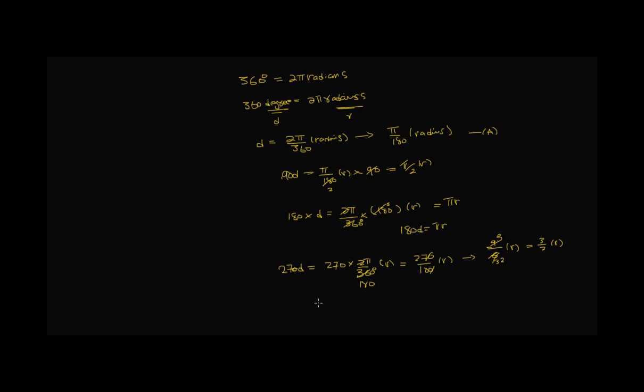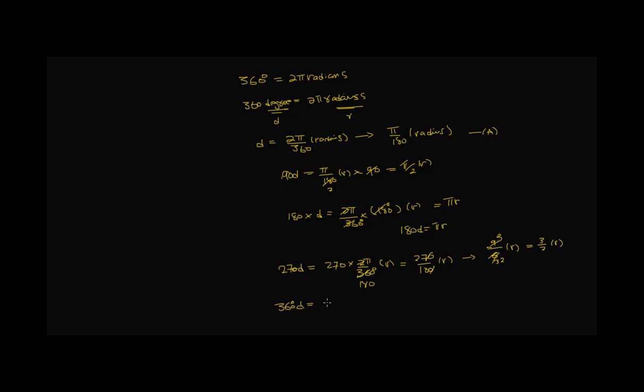What about a full circle? We can reason that the full circle should be 2 pi radians, but let's just calculate it through equation A. Let's multiply both sides by 360 degrees.